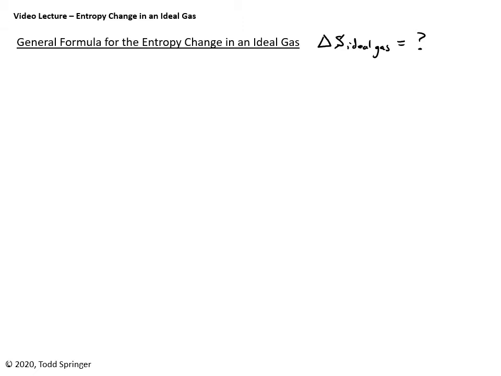So let's go back to the first law of thermodynamics. dU is equal to đQ minus đW. And Q and W are not state variables, which is why we put the little notch on the d like that. So maybe let me write this as đQ is equal to dU plus đW.